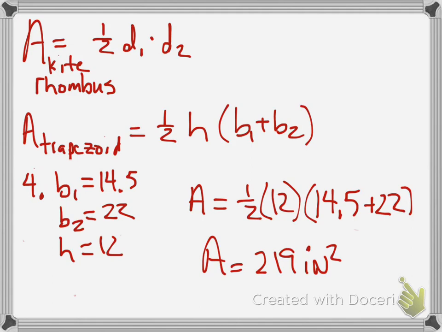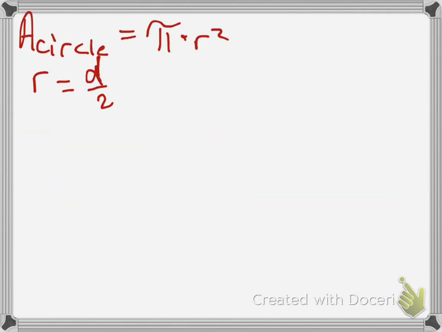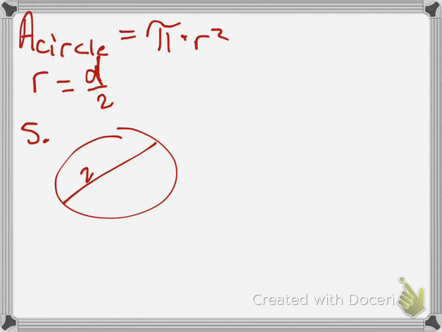Okay, and I'll show you what happens when we go in the reverse of that. So the next ones you need to know are the area of the circle, which is pi r squared, which is simple, and that if, for some reason, I give you the diameter, you need to find the radius, which is the diameter divided by 2. So, like on the example that you have with number 5, you've got this circle that is, say, 20 inches in diameter. So that means if I want the radius, I want to divide that by 2.